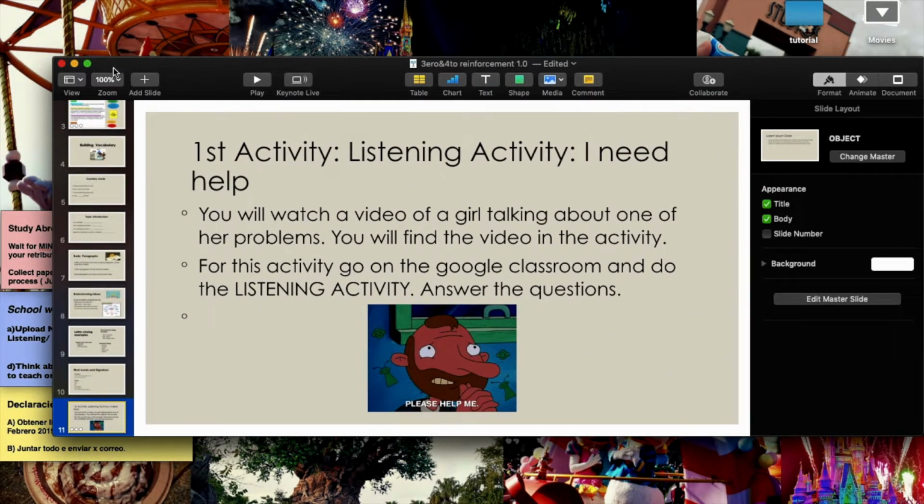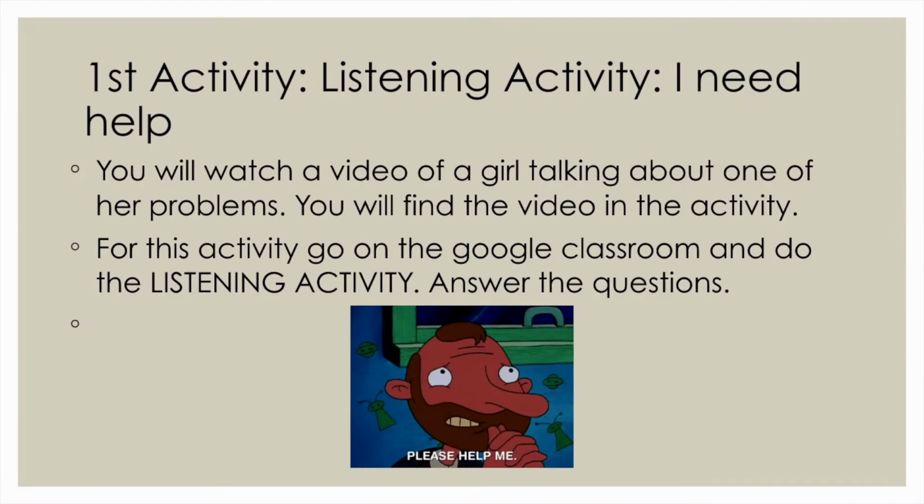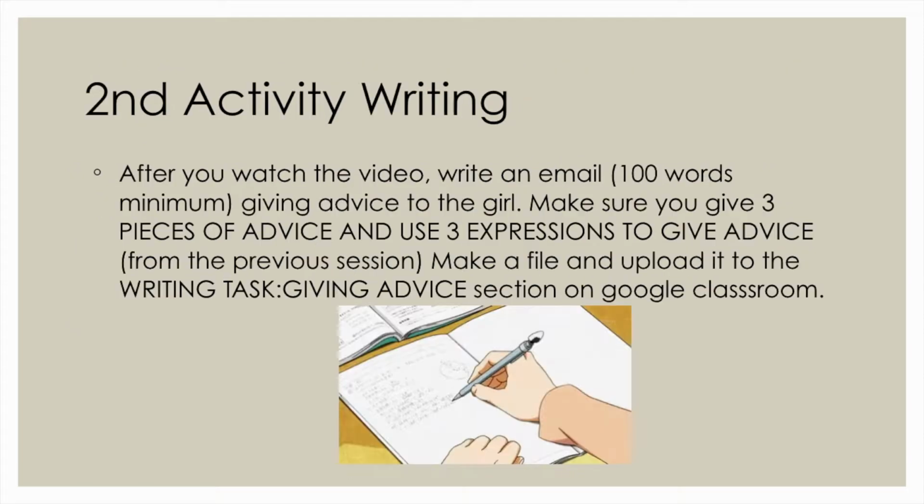Once you're done with the listening activity, we're going to move on to activity number 2, which is a writing task. After you watch the video, write an email, 100 words minimum, giving advice to the girl. So we're going to be writing an email for the girl in the video.